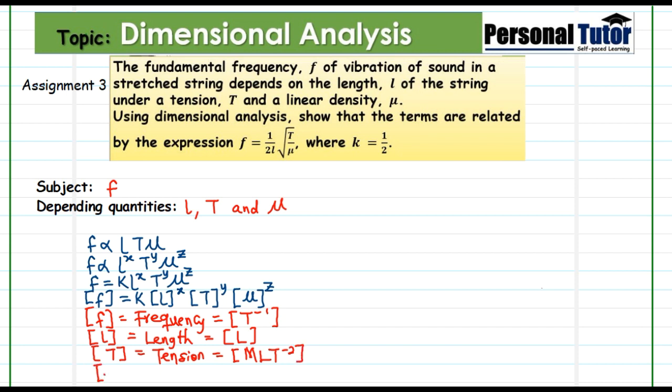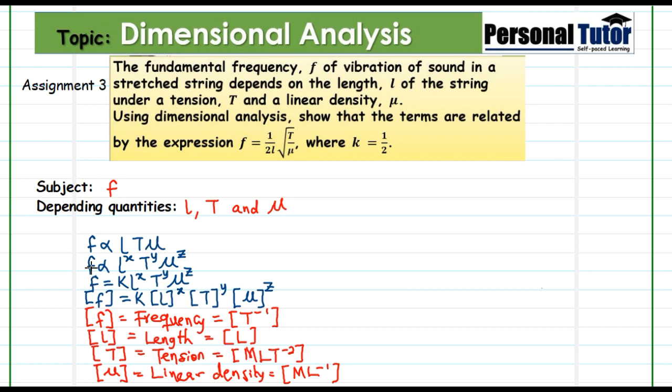Then the last part is the mu, which is said to be linear density. Earlier we looked at mass density, area density, and linear density. The linear density is M L exponent -1. It is also called mass per unit length.